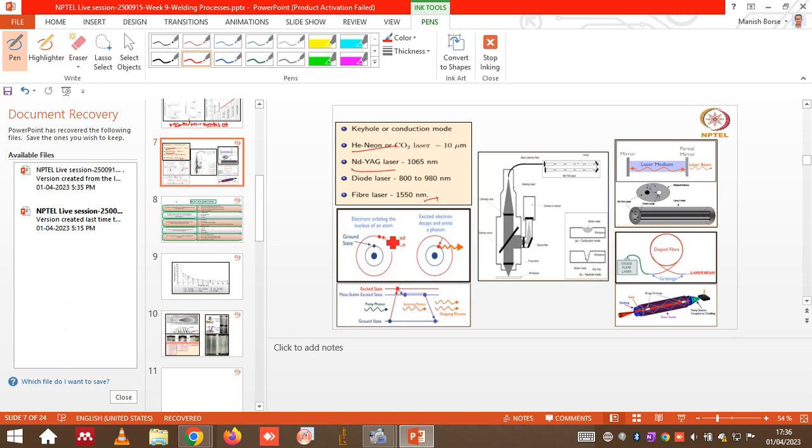And if we stop the incident energy, the electrons from the higher energy level will again come back to the lower energy level, or in another way, electrons will come from the excited state to the ground state. As the electron releases energy, because in the excited state the energy of the electron is higher, that excess energy will come in the form of photons.